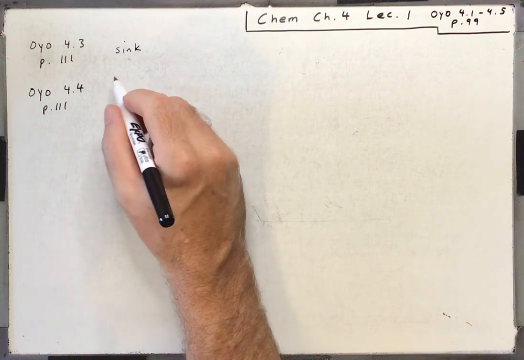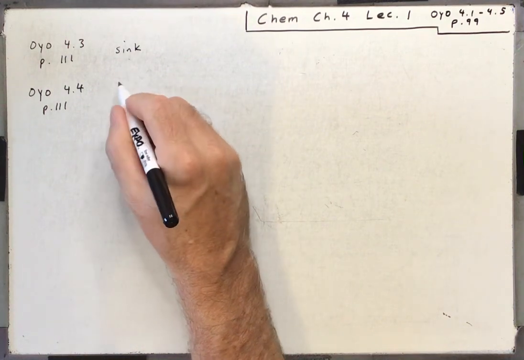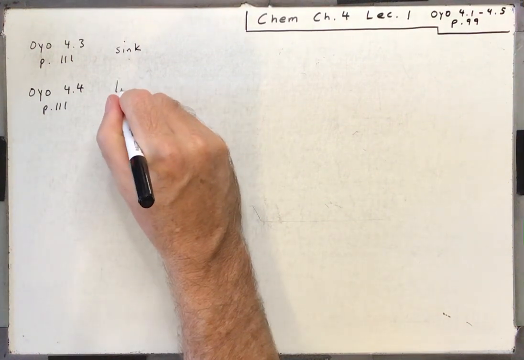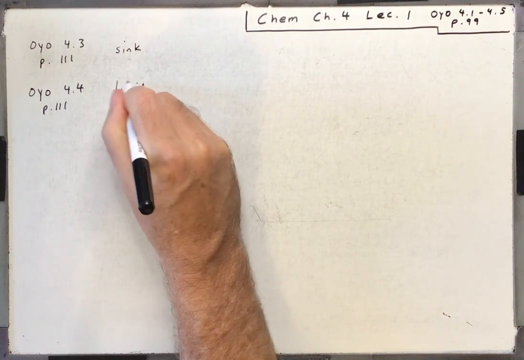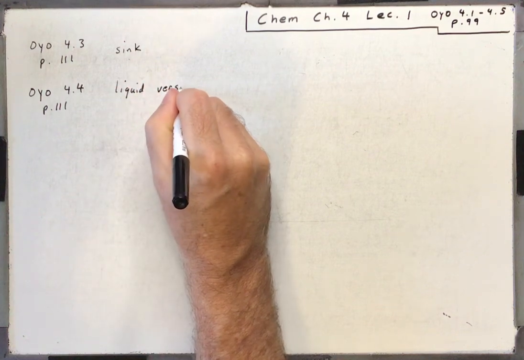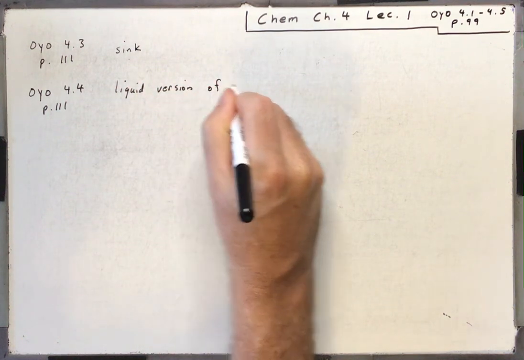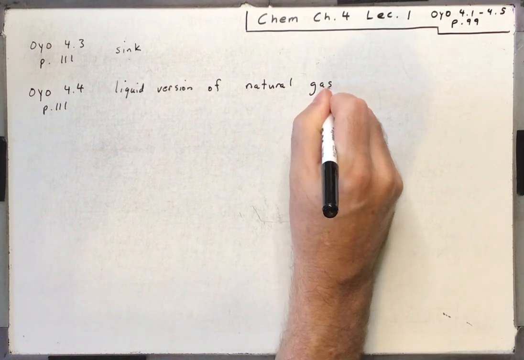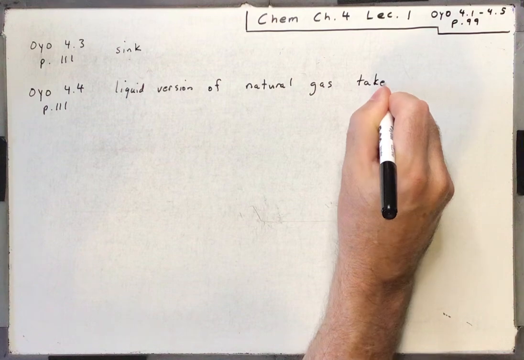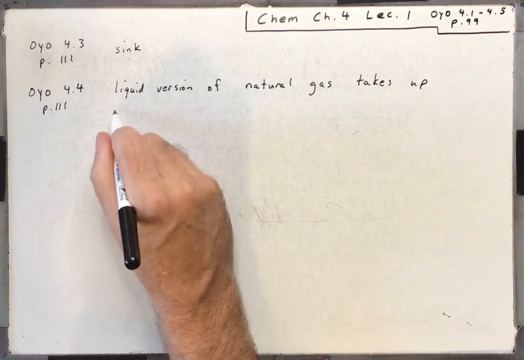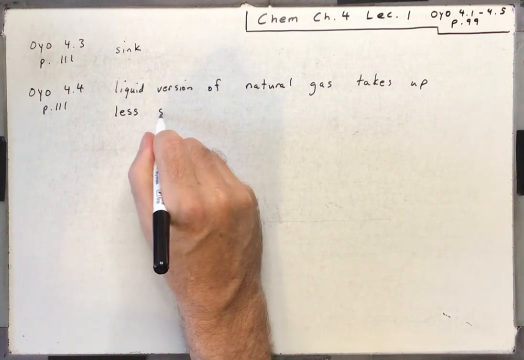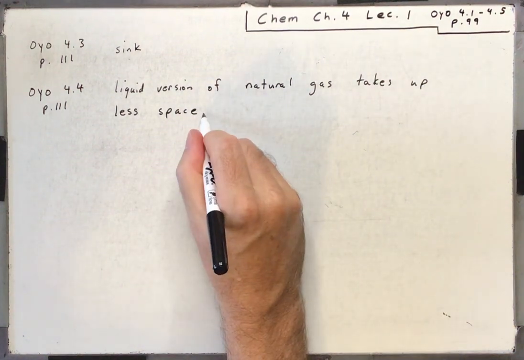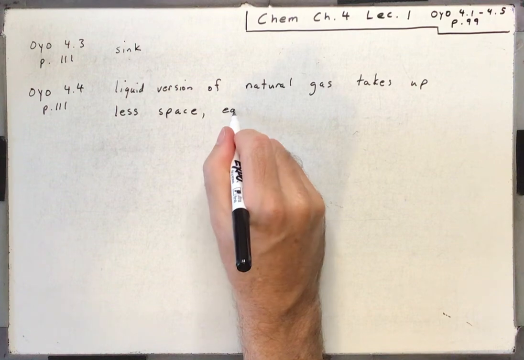If they condense it to liquid form, and they usually do that with high pressure, the liquid version of natural gas takes up less space. So that makes it easier to store.